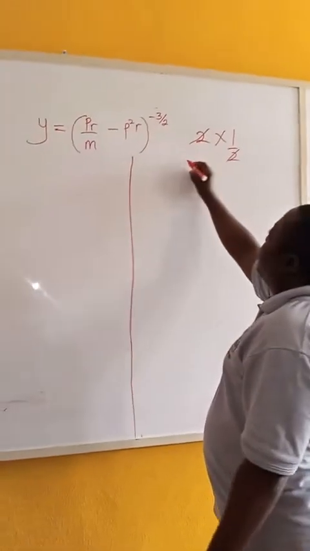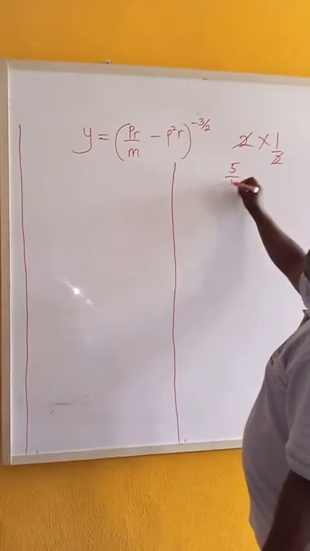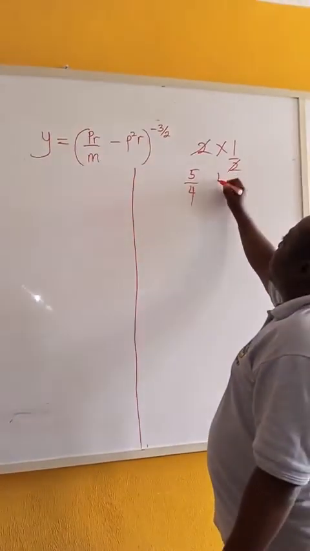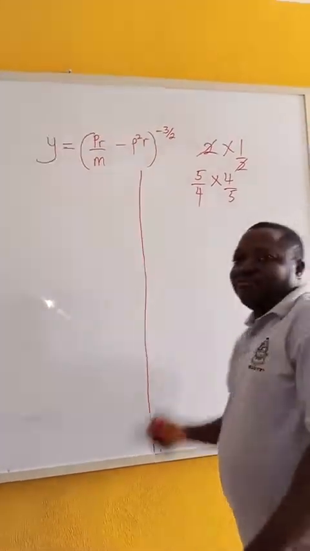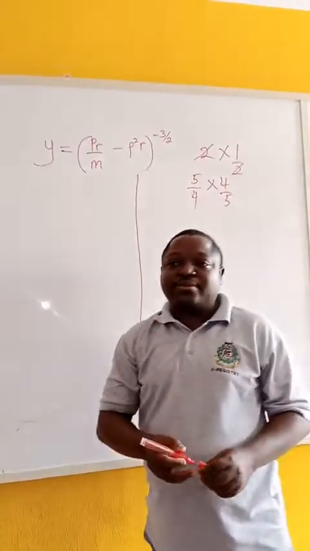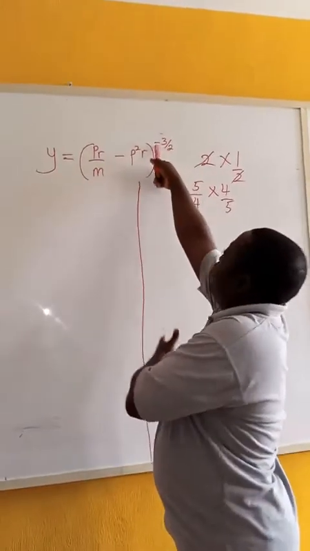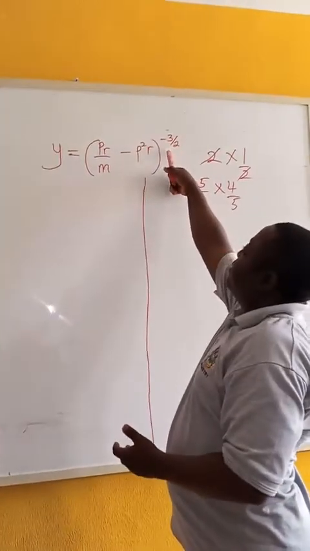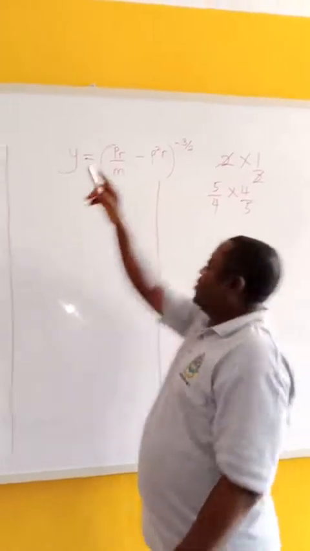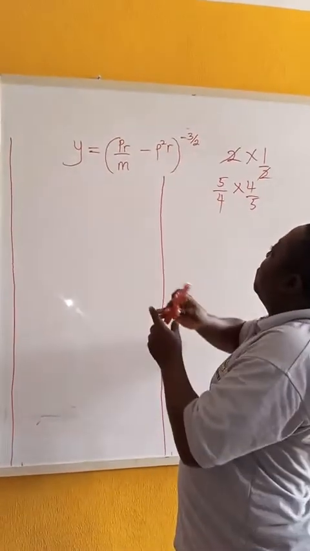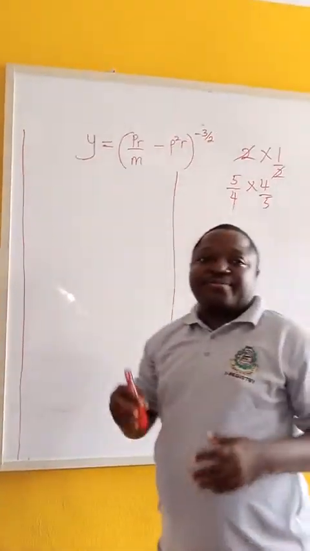Assuming the power is 5 over 4, then the reciprocal is 4 over 5. So if you multiply 4 over 5 by 5 over 4, you get 1. Now if the power is minus 3 over 2, the reciprocal is going to be minus 2 over 3.